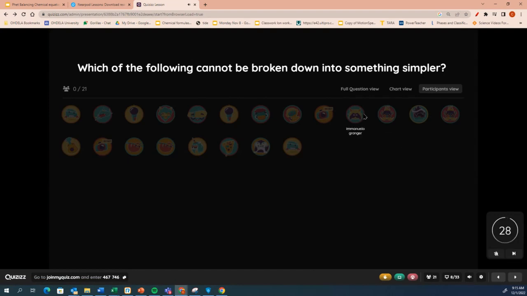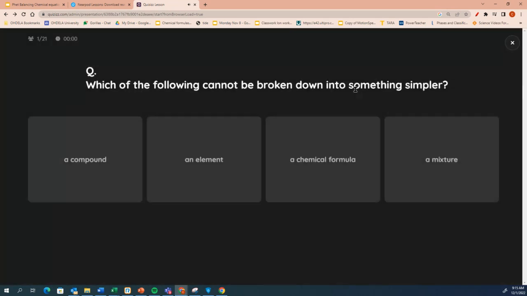Which of the following can be broken down into something simpler? All right. So an element like the letter C cannot be broken down. There's only C. This CH4. And a mixture we're not even talking about.